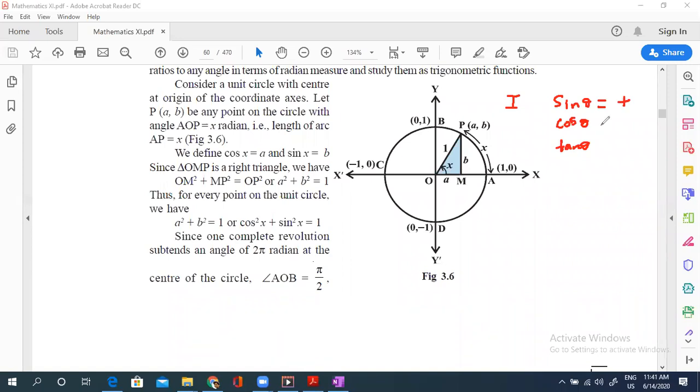Positive. Very good. Cos theta? Positive. Tan theta? Positive. Yes, because both x and y are positive. So perpendicular is also positive, base is also positive. So all the six components will be positive, right?